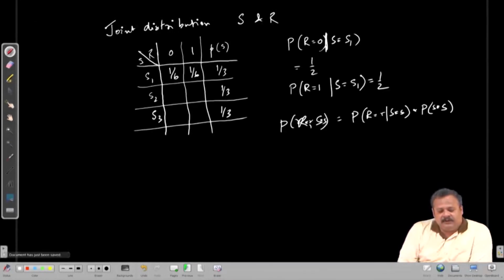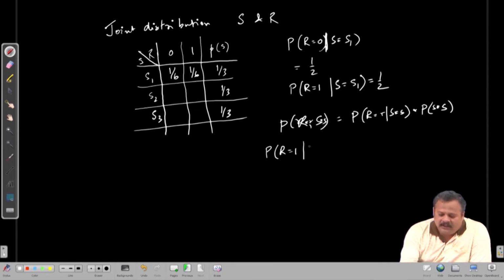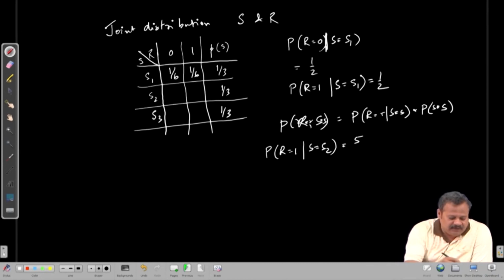Let us say when stimulus S2 occurs, mostly it produces a spike. That is, the probability of R equals 1 given S equals S2 is 3 by 4, so 75% of the time it produces a spike.